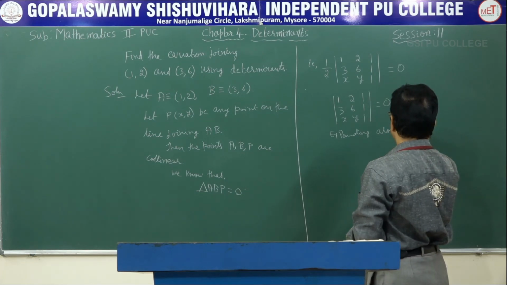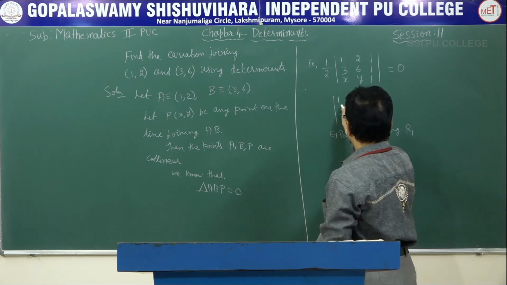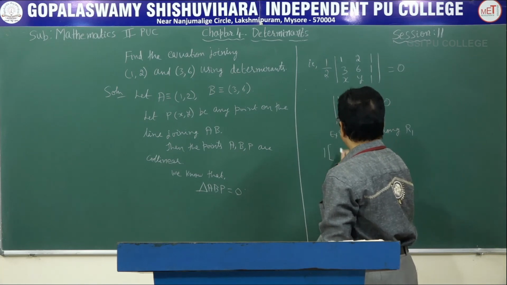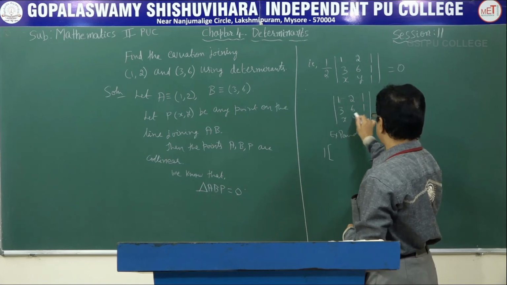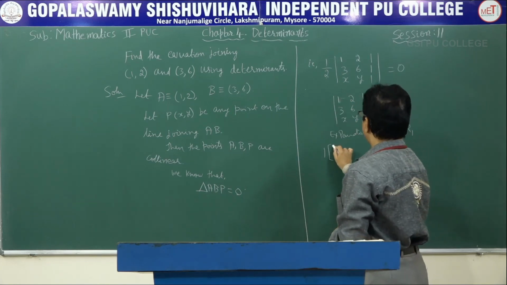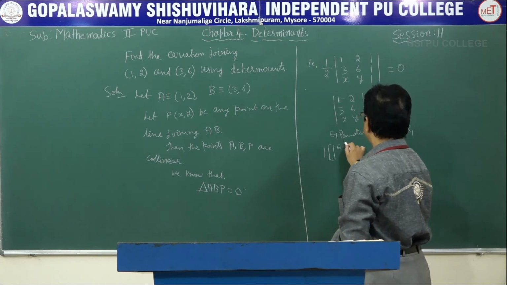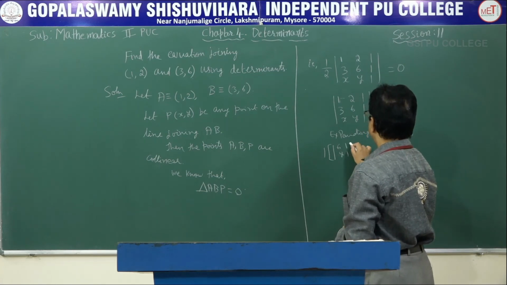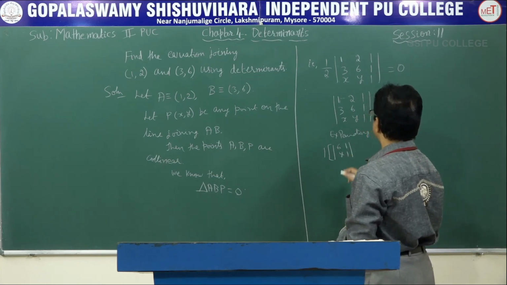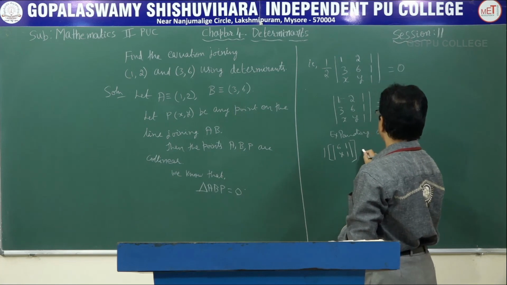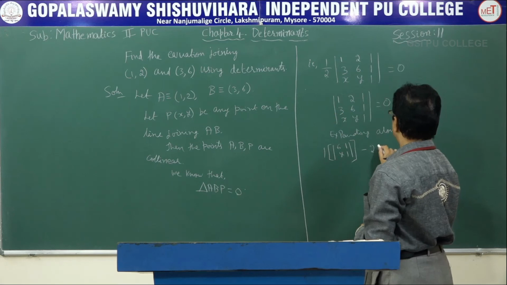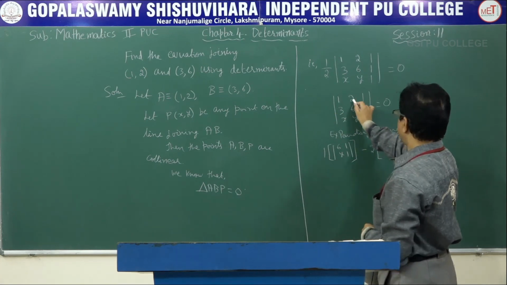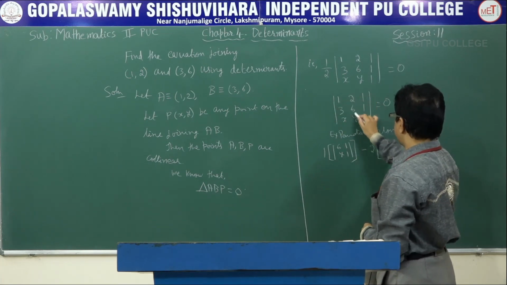Let us expand this determinant along R1. So 1 into, so 1 lies in the first row and first column. I eliminate the first row and first column and take the determinant of the remaining elements. So determinant of 6, 1, y, 1 minus 2 into, so 2 lies in the first row and second column.